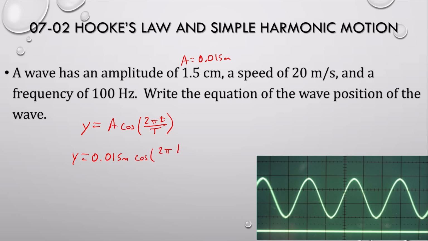And t is time, that's a variable. Capital T, though, is the period. So frequency and period are reciprocals. So if the frequency is 100, then the period is 1 over 100, or 0.01 seconds.